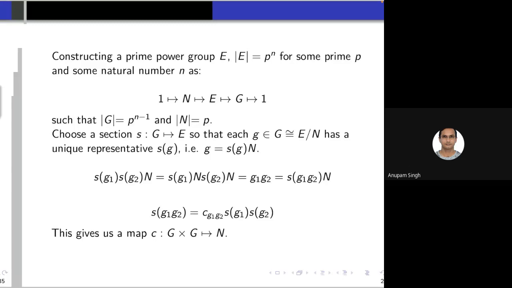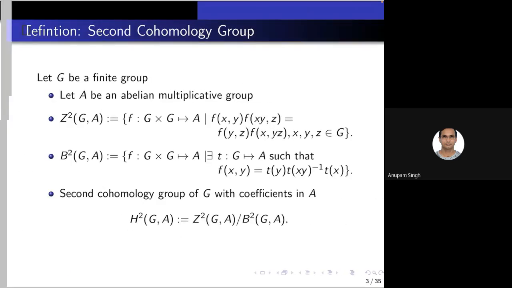Now, one can verify that this c is a two cocycle. What does that mean? Let G be a finite group, and let A be any abelian multiplicative group.